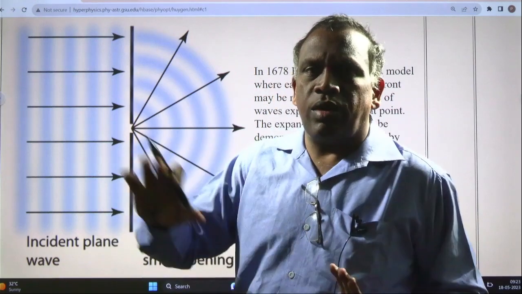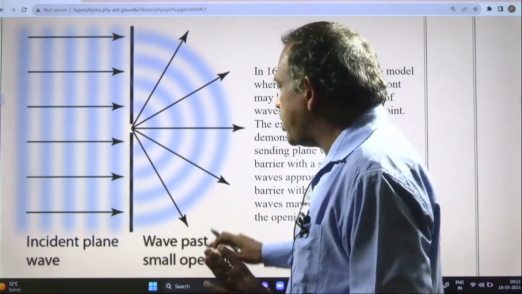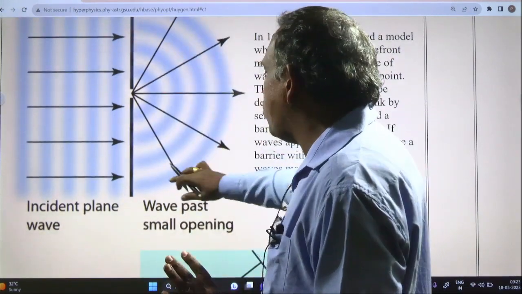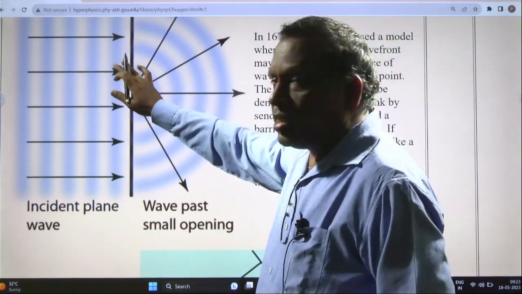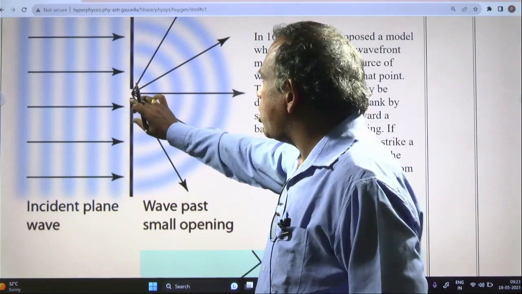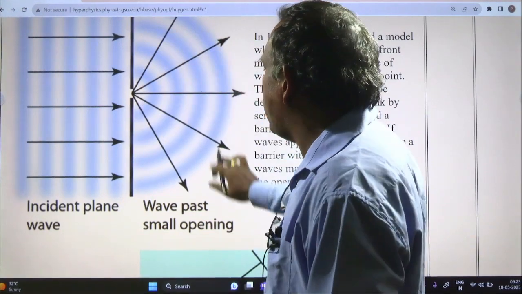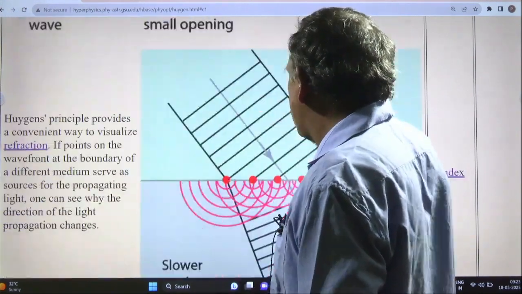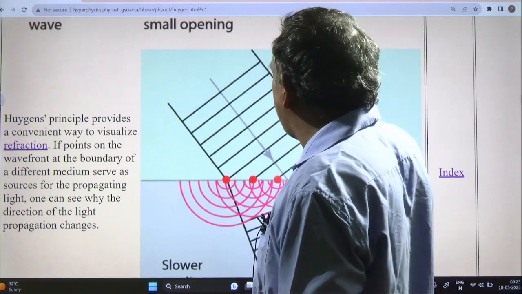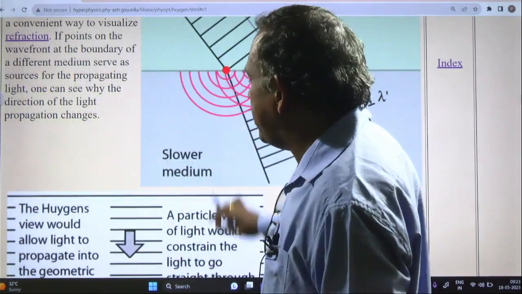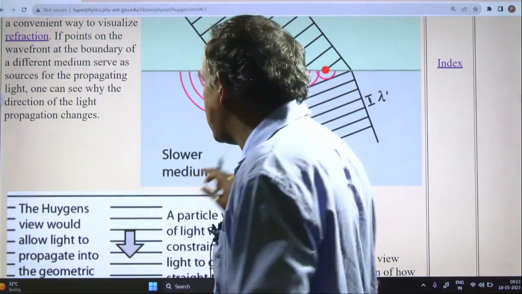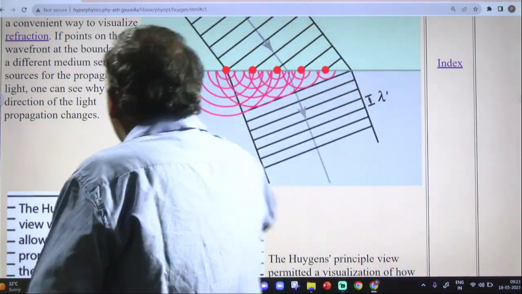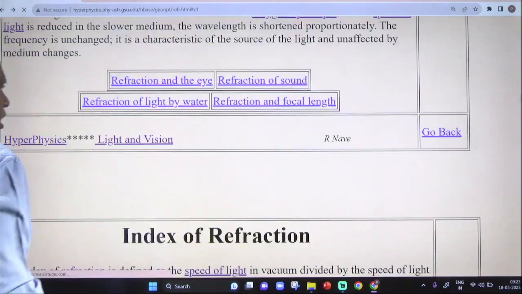For example, this is the incident plane wavefront. Once it is incident on this particular hole, it spreads uniformly in all directions. So these are the refractions explained by Huygens. Huygens explained how refraction is going to take place. We'll come back to this later.